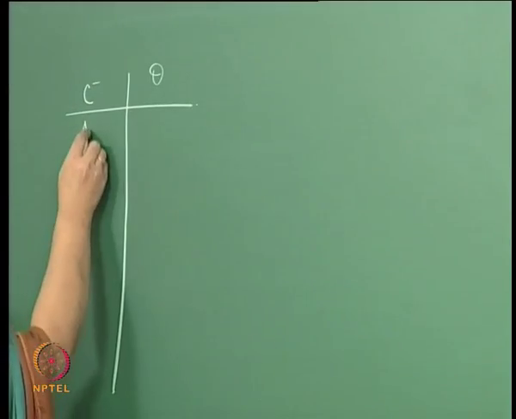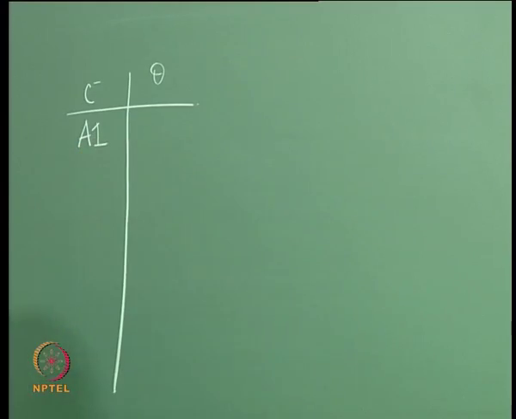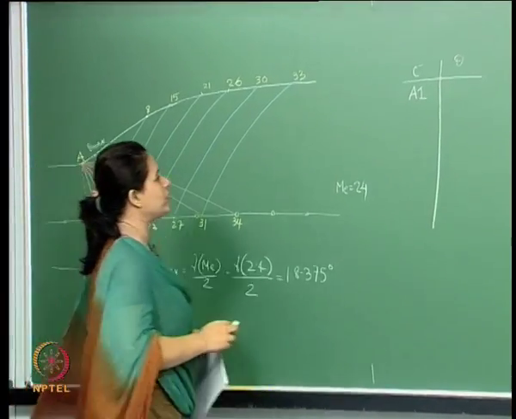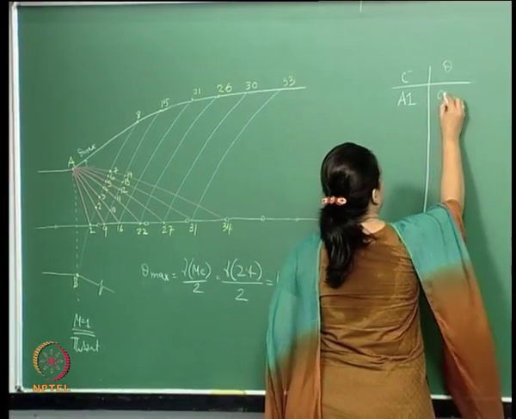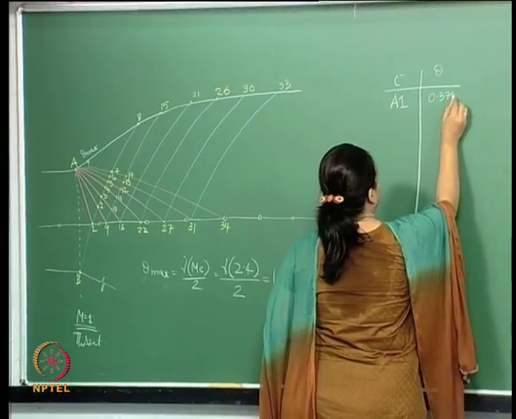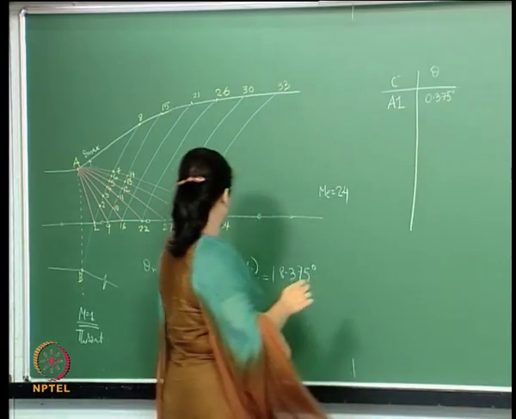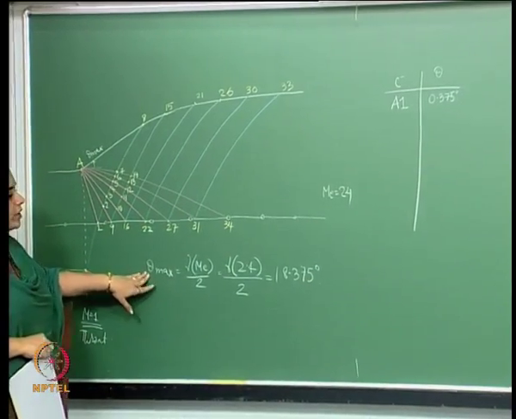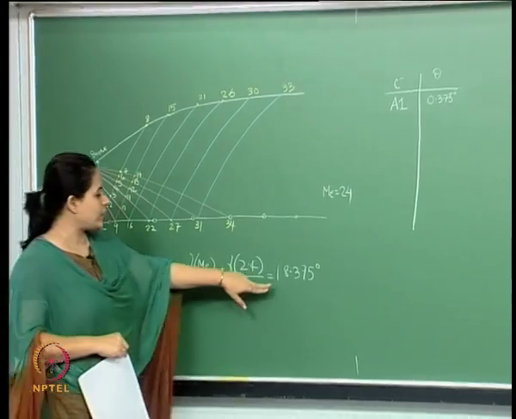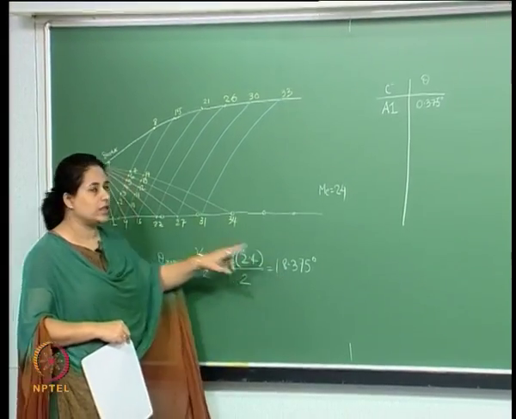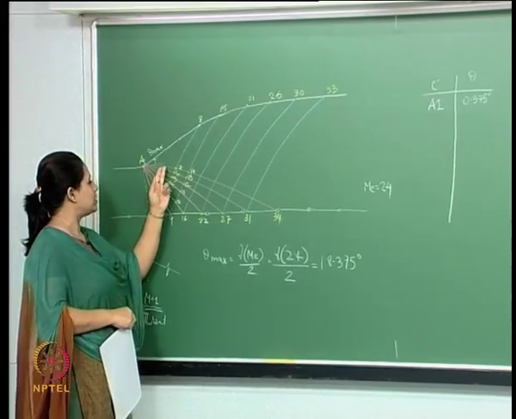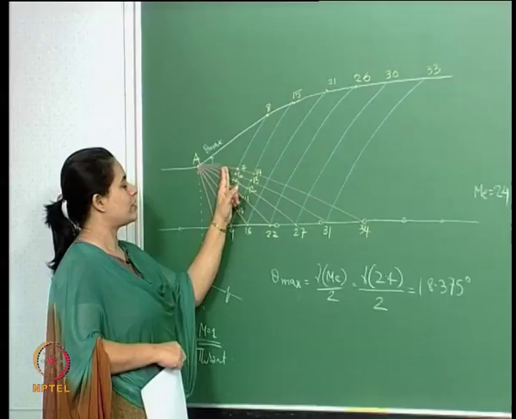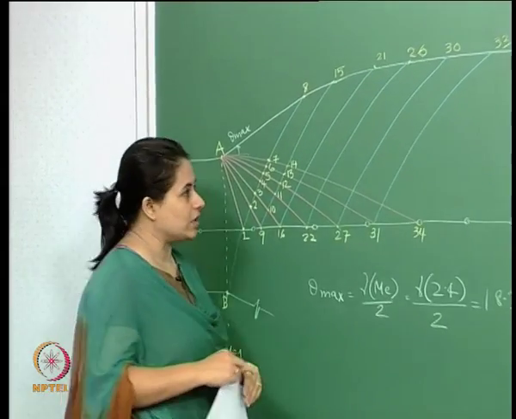So for A1, let's say we will take 0.375. So what we are left with is essentially 18 degrees, which we will divide amongst these 1, 2, 3, 4, 5, 6. So 3 degrees each.